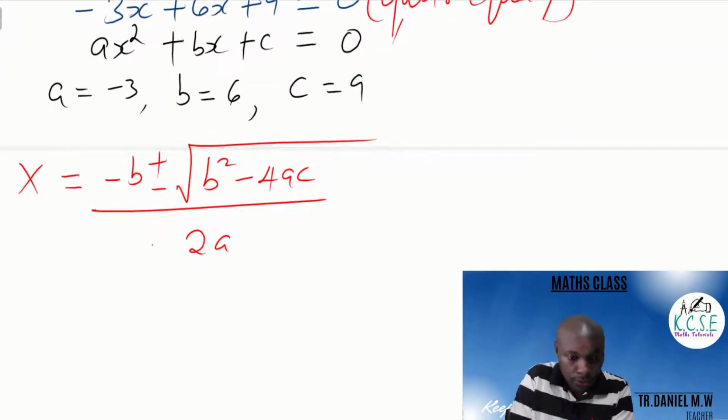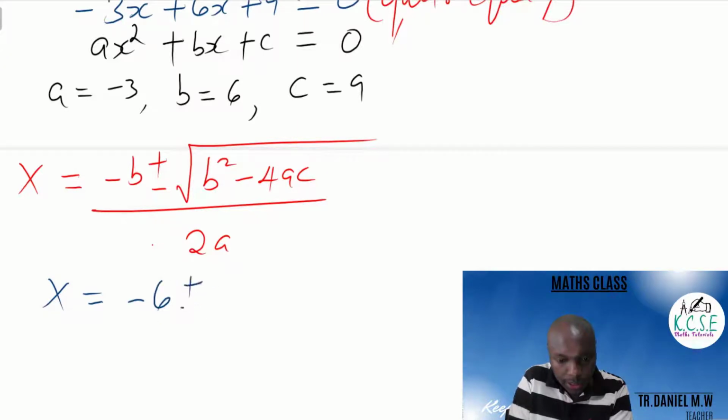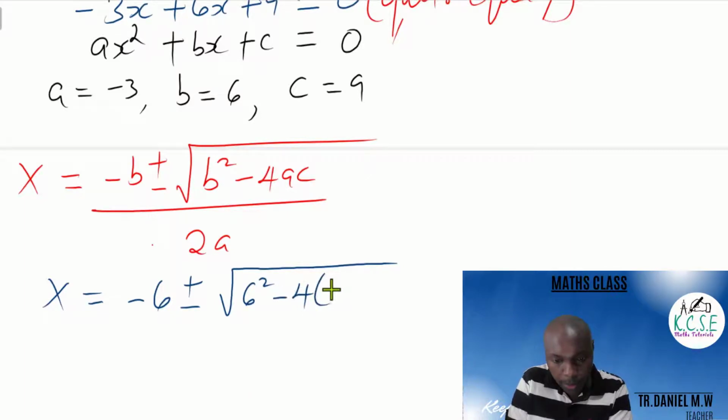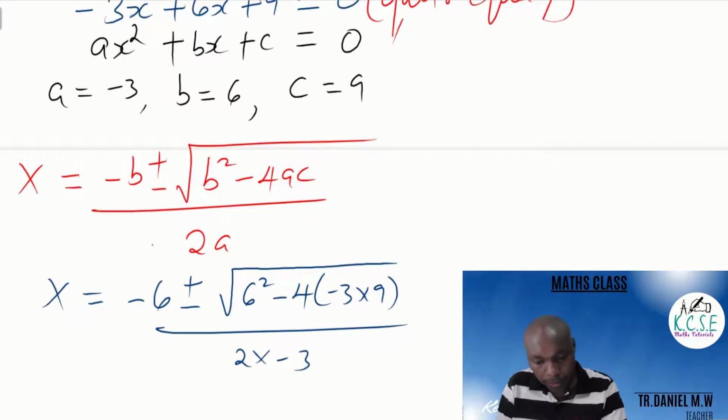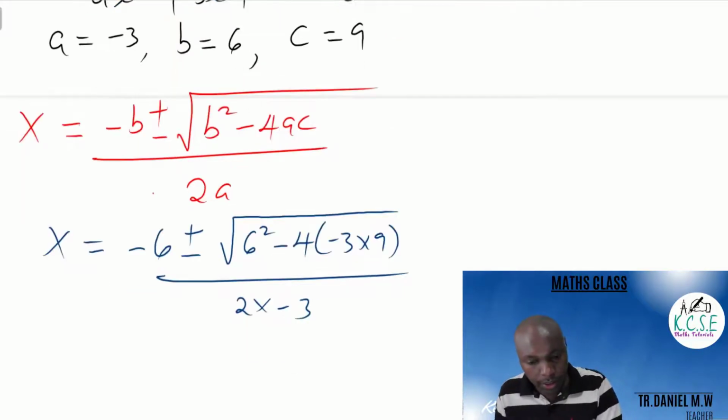We get two values of x, since this is a quadratic equation. So x will be negative 6 plus or minus the square root of 6 squared minus 4 multiplied by negative 3 times 9, everything divided by 2 times negative 3.